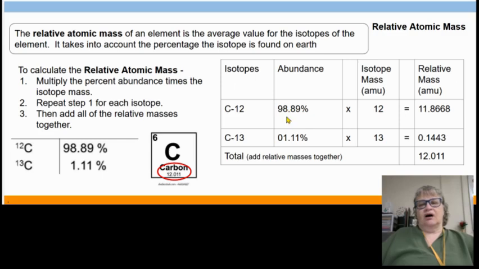So once I've done all of the isotopes, then I'm going to add the numbers that I get here together. Okay. And that will end up being my relative mass. Now it should be somewhere close to the number that's on the periodic table. Okay, because the number on the periodic table, we call it the atomic mass, right? But really it's the relative mass. Okay, the relative atomic mass.